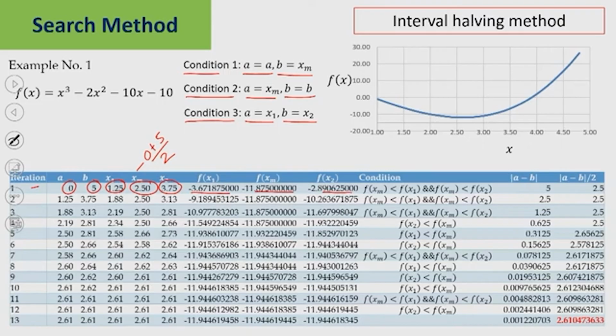Now, you check which condition is true. In this case condition 3 is true, that means f of x m is less than f of x 1 and f of x m is also less than f of x 2. So, in that case A equal to x 1 and B equal to x 2.